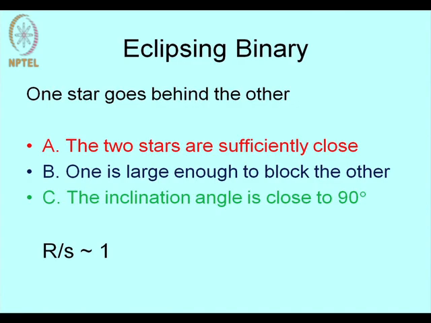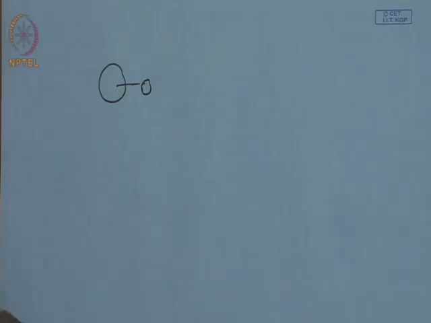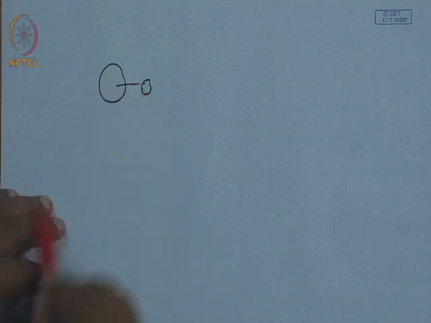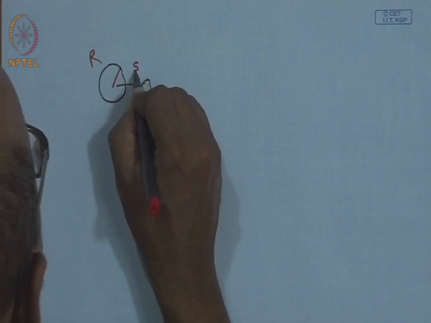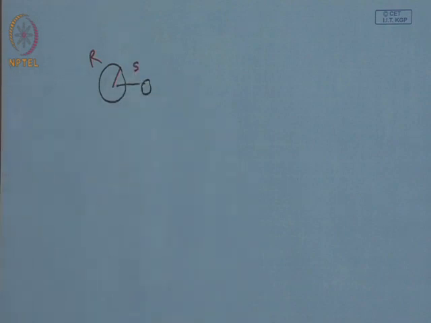If you have such a situation, then for a large range of viewing angles you are going to have an eclipse. Okay, so such a situation is very favorable. If this is R and this is S, the separation, such a situation is extremely favorable for an eclipsing orbit.